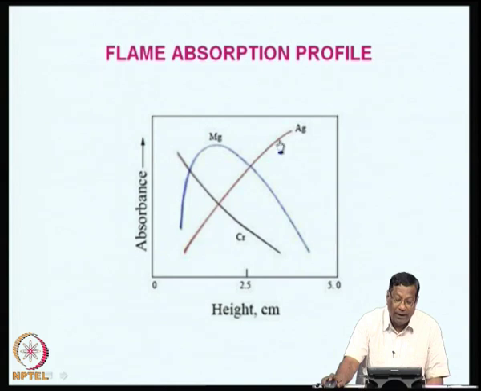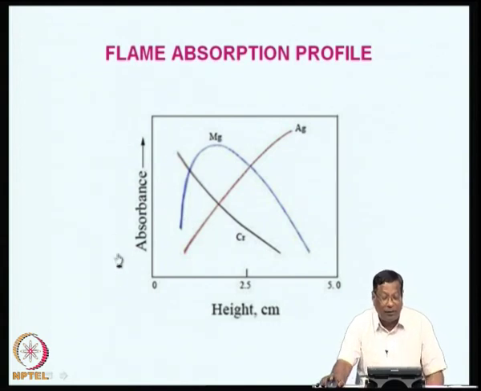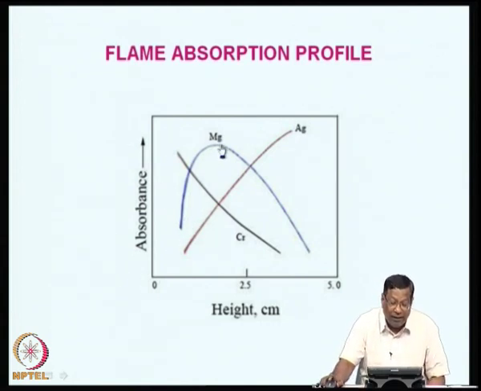That means the sensitivity increases, but for chromium, if you increase the height from 0 to about 3 centimeter, the sensitivity keeps on coming down, down and down. For magnesium, it is the other way around. First it increases, and after about 1.5 centimeter height, the signal keeps on coming down.